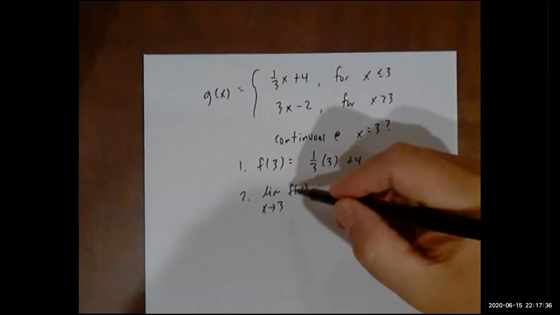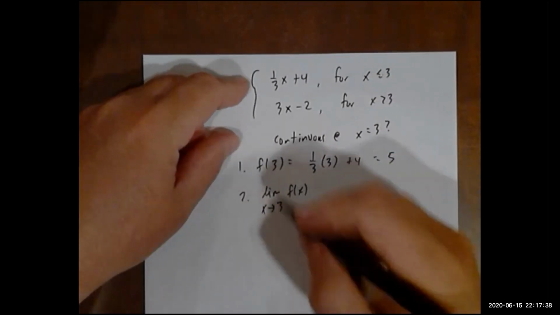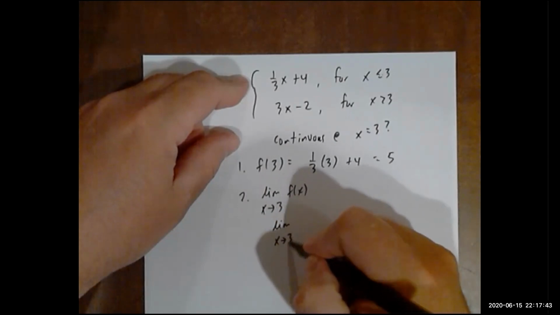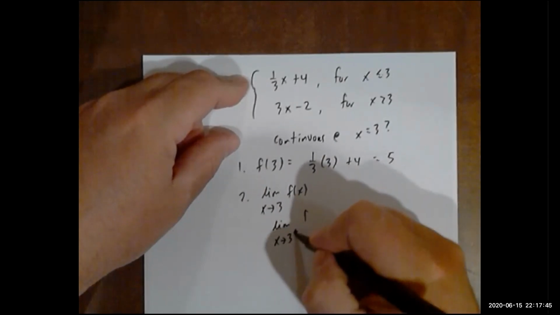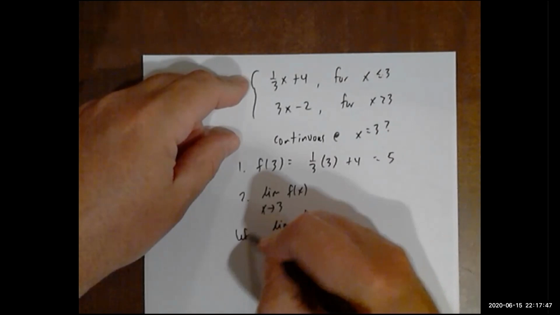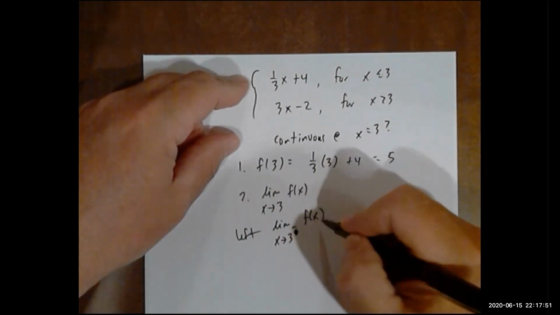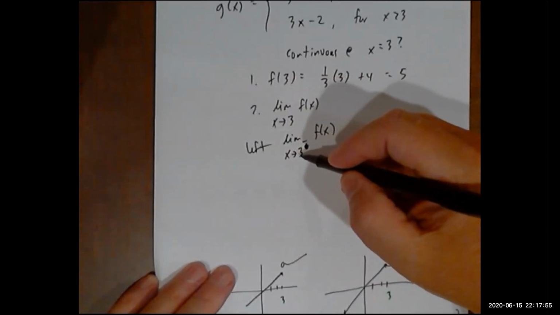So from the left, in a sense, here's what we do. This is like approaching it from the left, right? The limit as x approaches 3 from the left of f of x.